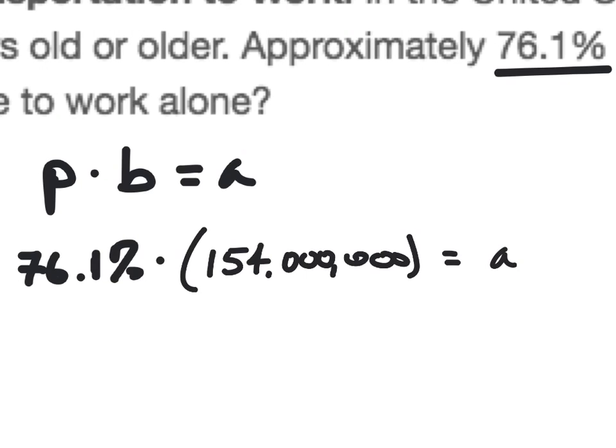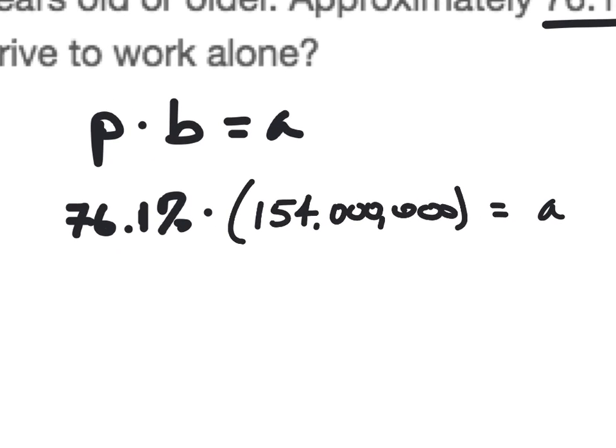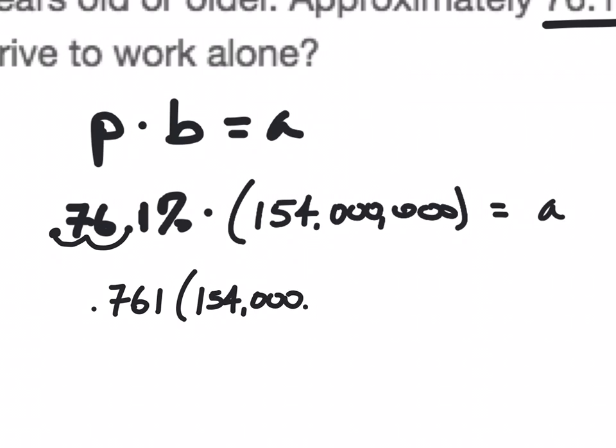The first thing I want to do, given this type of equation, is turn this percentage into a decimal. So I'm going to take this decimal place and move it over 2 units, and that's going to give me 0.761 times 154 million, and that's going to equal A, okay? I would need to do this on the calculator, so let me punch that in real quick.